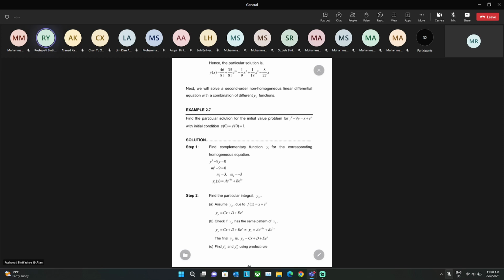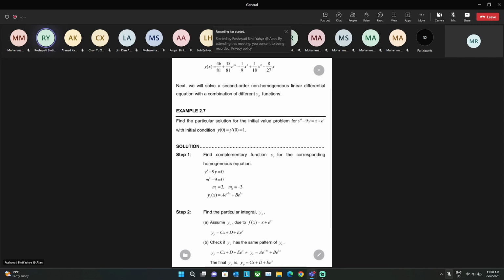Okay, example 2.7. The question: find particular solution. Solution meaning that you need to find the value for the constant in the equation.